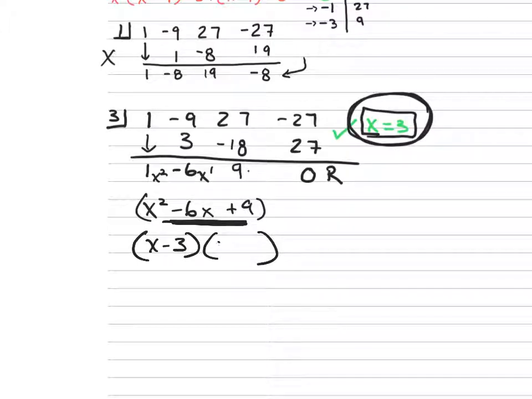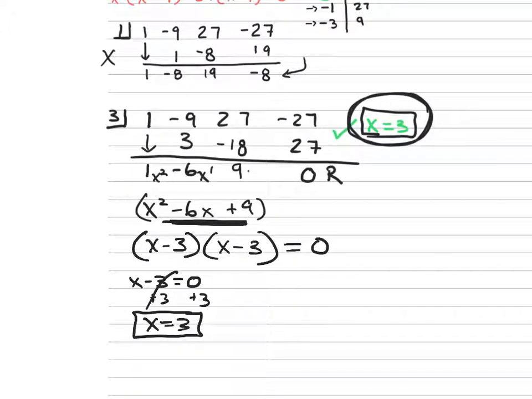X minus 3 and x minus 3. So we're going to set those equal to 0 real quick. I'll get to your question in just a second. X minus 3 equals 0. What am I going to do? Add 3. Add 3. And x is equal to 3. Notice we already had that answer. That's twice that we've got that answer right now.